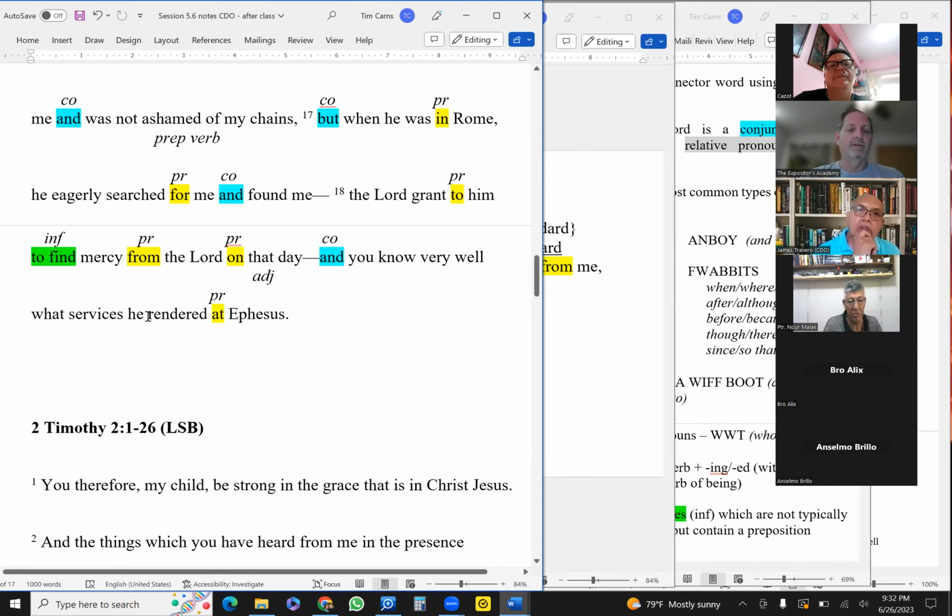If you see a verb with the ed ending, the first thing you should think is past tense, regular verb. It could be a participle, but you just run the test through in your mind quickly. What's in front of it? Is there a verb of being? No. Is there a subject? Yes. Or is there an article? No article, but there is a subject. He rendered. Who rendered? He rendered at Ephesus. So if you have a verb that ends in ed, more than likely it's not a participle.